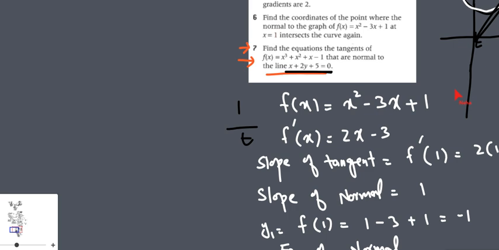Okay, but there is a condition that those tangents will be normal to this line. What does that mean? This is a linear equation. If I simplify this, it is x plus 2y plus 5 equals 0.